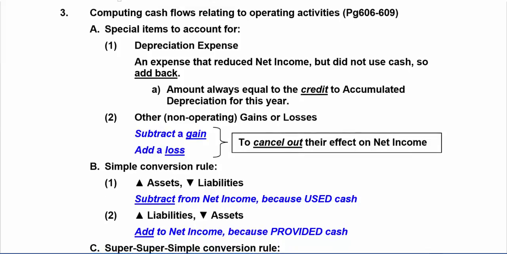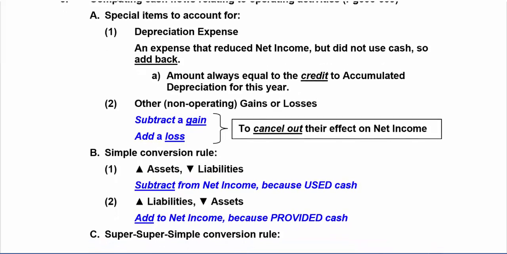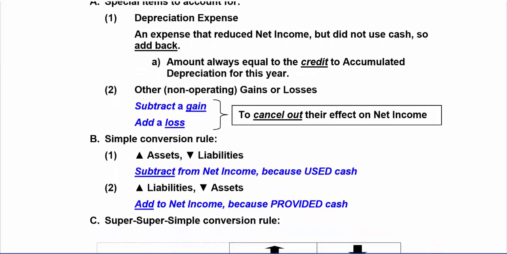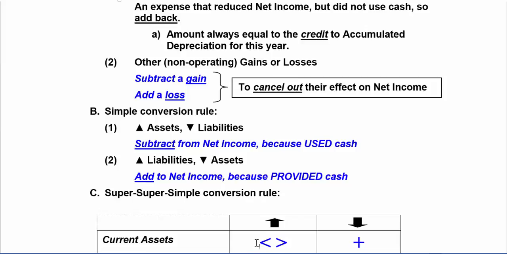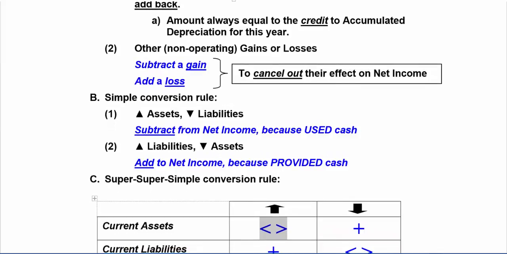So a super simple conversion rule for this is, if we're talking about current assets and current liabilities and their connection with the statement of cash flows, you start out with net income. If it's a current asset and it went up, we would subtract its change for the year from our net income. But if it's a current asset and it went down, then we would add its change to our net income for the year.